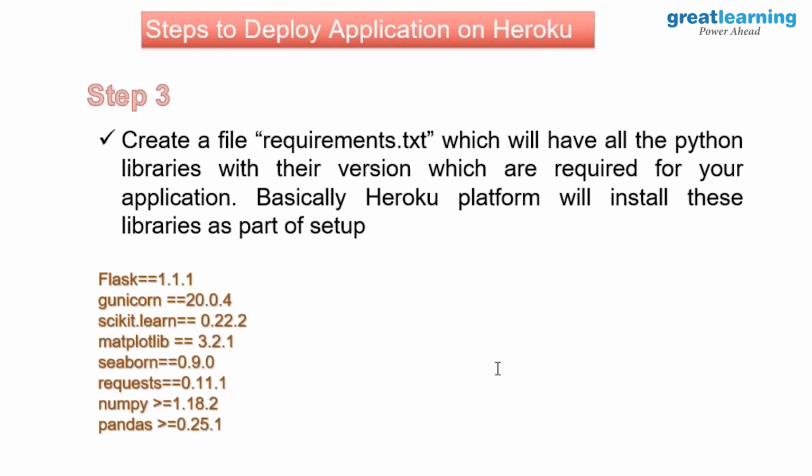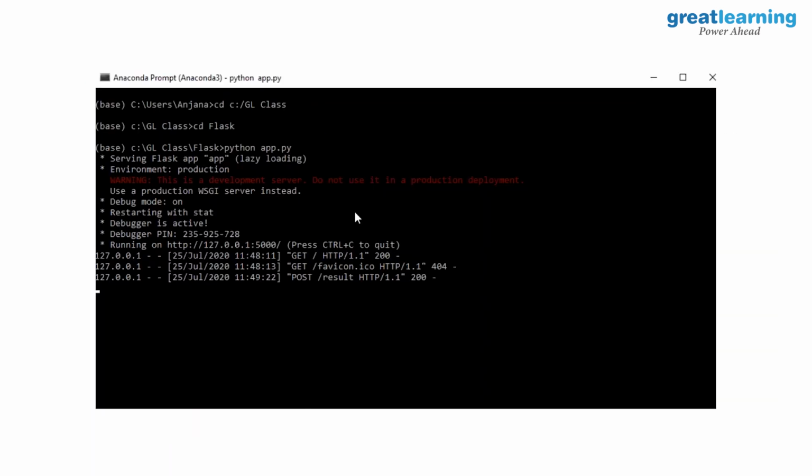As I said, Heroku is a platform, right? When we went onto Flask, when I went onto the Anaconda prompt, this Anaconda prompt already had a Python environment, and already had the packages which I required, NumPy, Pandas, Flask, or whatever.